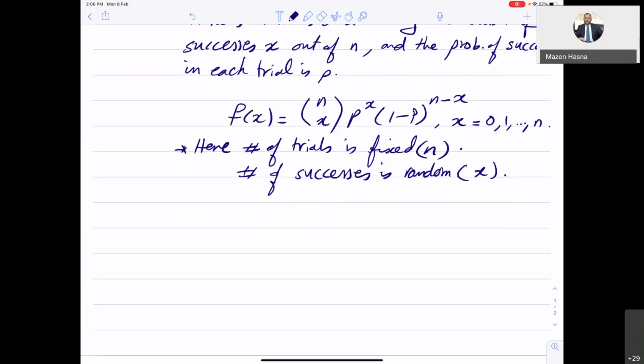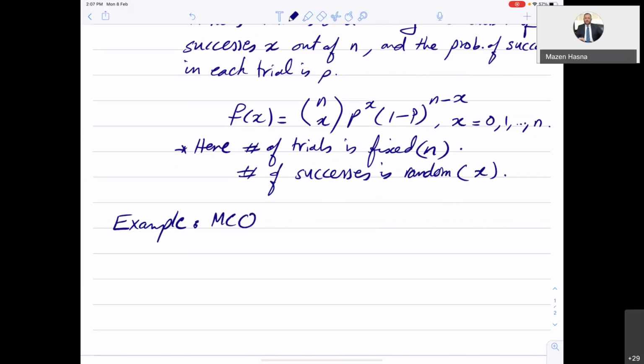Let's do one last example on binomial before we move to today's distributions. Assume that I give you an exam with MCQ questions.